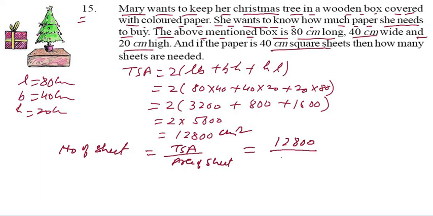So you can say 40 into 40. So now 0 will be cancelled out. This one is also cancelled out. 4 3s are 12, and 4 2s are 8, and 4 8s are 32. So that one is 8 sheets. So that one is your answer.